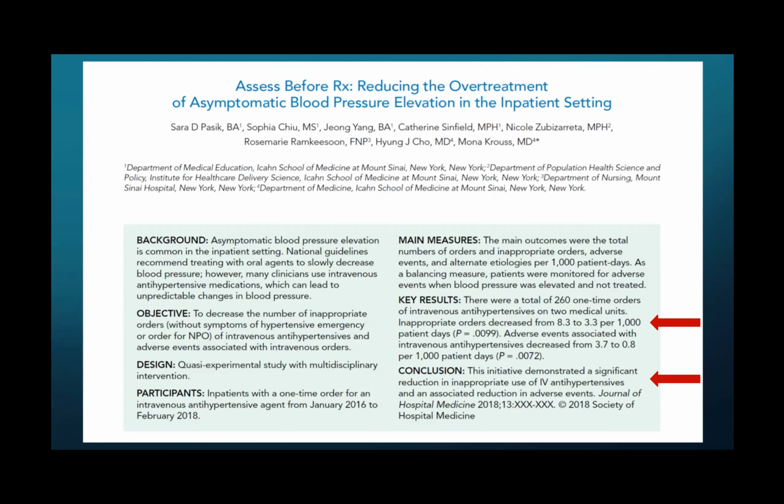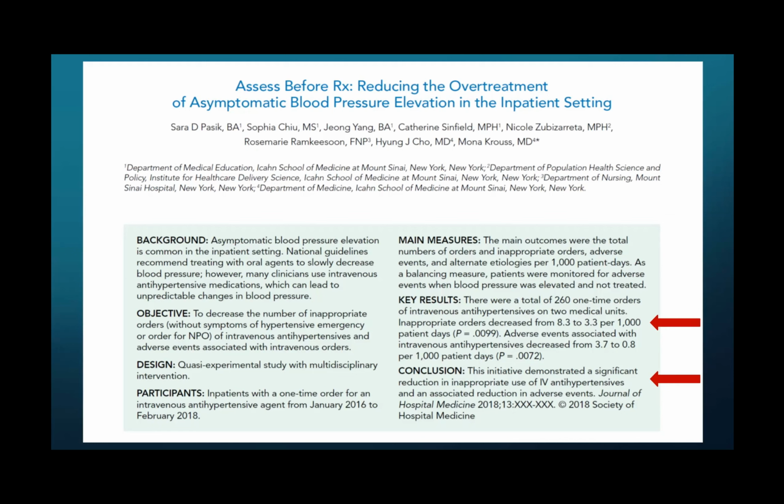If you see the results or the conclusion part of it, when they did the QI, the initiative actually did demonstrate a reduction in inappropriate use of IV antihypertensives and also an associated reduction in adverse events. And the main reason for this is because IV medications, especially IV antihypertensives, can cause a lot of fluctuations in blood pressure.